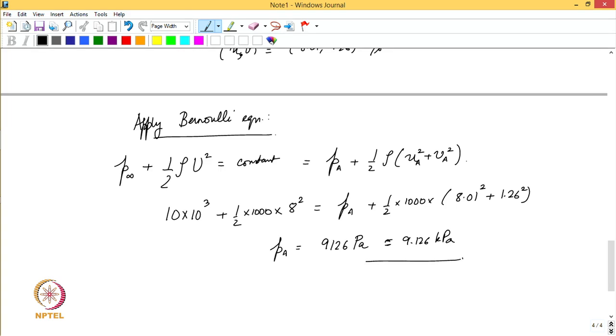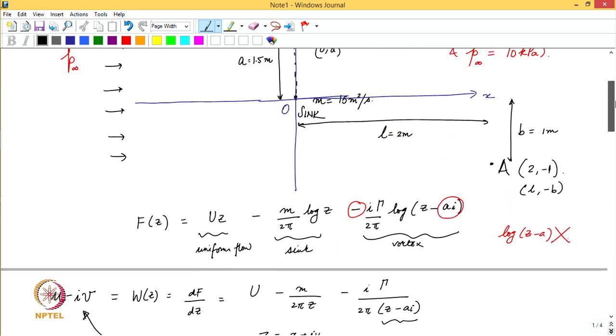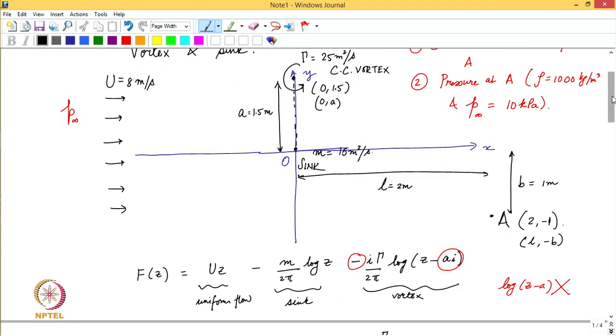So, that is the pressure at point A in this problem. So, we have now computed both velocity and pressure. We now have u A, v A and P A at this point, and that completes this problem.